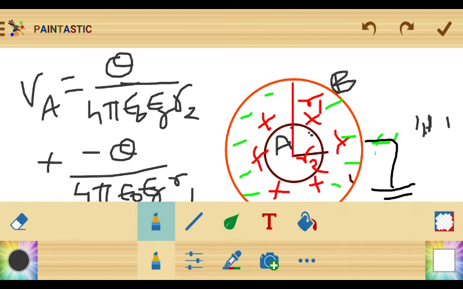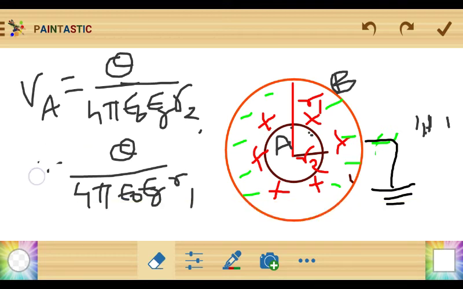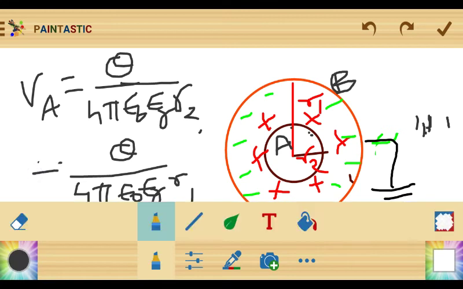So after solving this, how much did I get? Let's rub it. You can take out q upon 4 pi epsilon 0 outside. So what is left, and this minus sign I'll just put here. So the result will simply be, in a bracket, 1 upon r2 minus 1 upon r1.